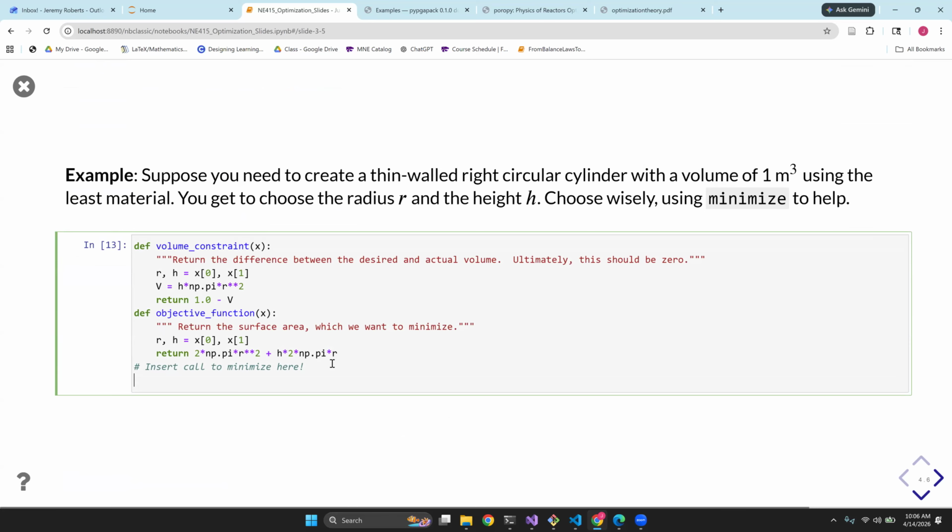And your instructor said, when you're in the wild, don't do achievements. Use help on minimize and figure out where you should put the constraints. And we already know where the objective function is. That's the very first argument. The constraints show up somewhere a little bit differently. And I want you to use help and figure out where that must be.